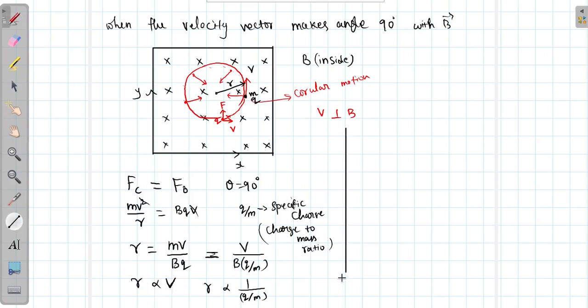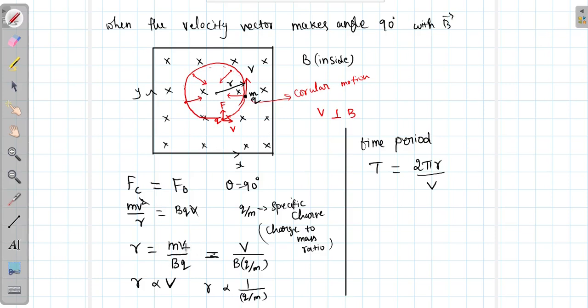Now I'll go for the time period of the particle. We know the formula. Suppose the charged particle makes one revolution in one time period. Therefore, the distance traveled is 2 pi r, divided by v. Now insert the value of r in this equation.